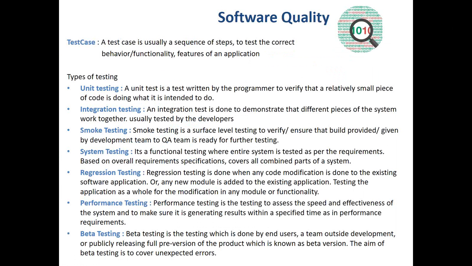That is what we call a unit. Unit means only that particular area where a developer has changed, only that he will be testing. So as soon as a developer modifies code, before putting it into the repository, like before doing a commit, he will be doing a unit test to make sure that whatever changes he has written, the code he has done, is completely good. So that's when the first testing, called unit testing, happens.